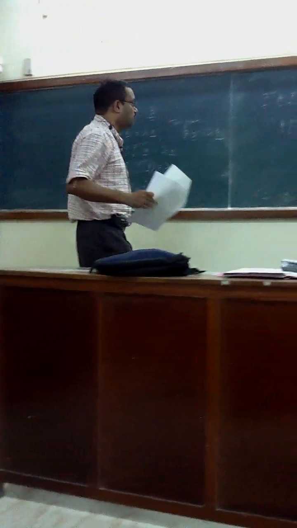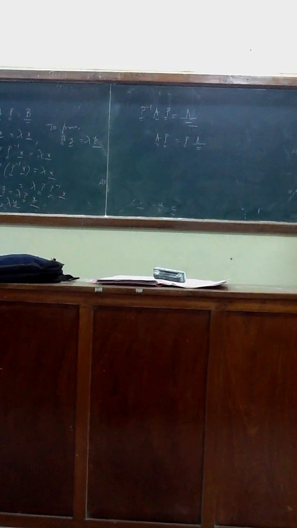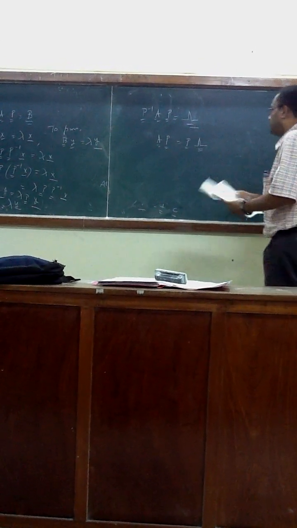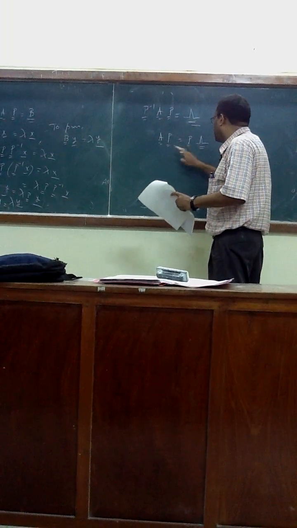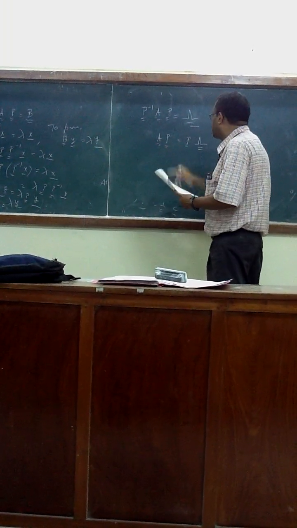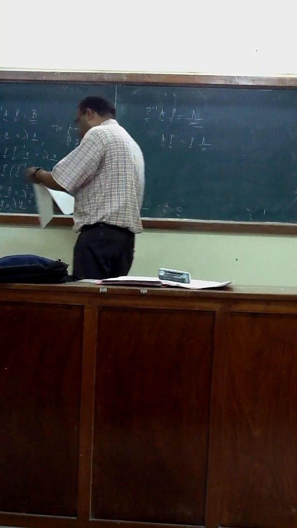If you can prove AP equals P lambda, then in that case we can take the inverse. If you take P inverse here, P inverse AP, then P inverse P will be I, and you get P inverse AP equals lambda. So this kind of proof you can always do by AP equals P lambda. I am just repeating whatever we have done.